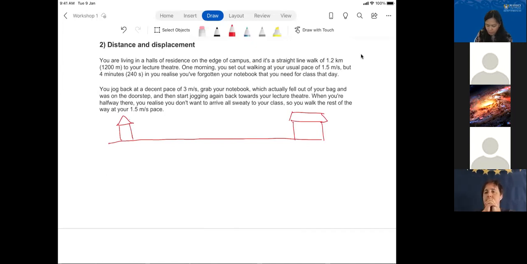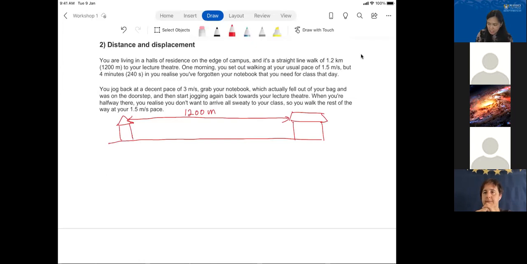Okay, and the distance between these two places is 1,200 meters or 1.2 kilometers. I'm using meters here because it's important to have consistent units. So if your speed is stated in meters per second, your distance has to be in meters and your time has to be in seconds. Everything has to be consistent in terms of units.